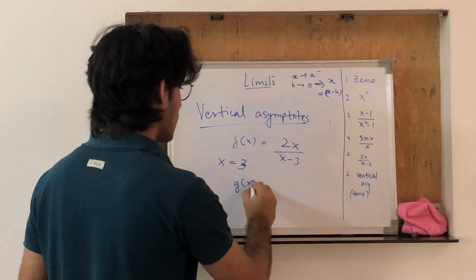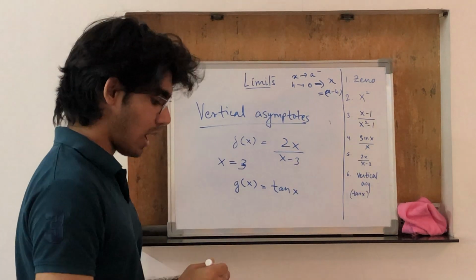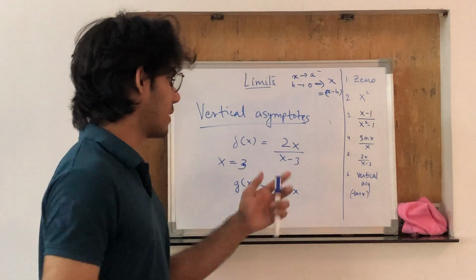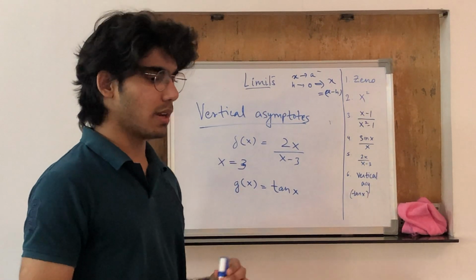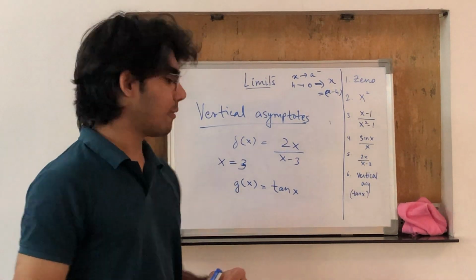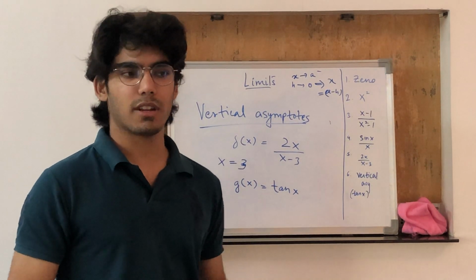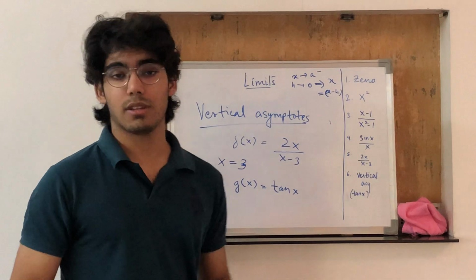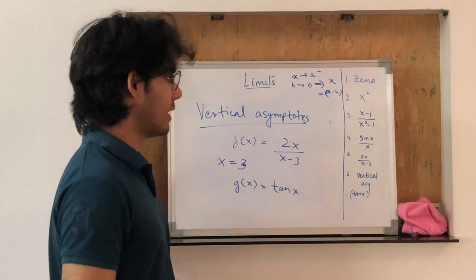Let's look at another function. Let's call it g(x) is equal to tan x. Now I'm not sure how many of you are familiar with trigonometric functions: sine, cosine, tan. These are the most important ones. And if you're not aware of the key values these functions take for different degrees, different radians, then you should definitely look into that, because we're going to cover these functions in detail in future videos.